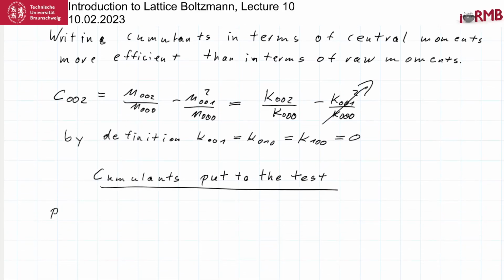Yeah? We put cumulants to the test. And for this, we recall our problem that we were starting from actually last week. Our problem with the moment M211, right?